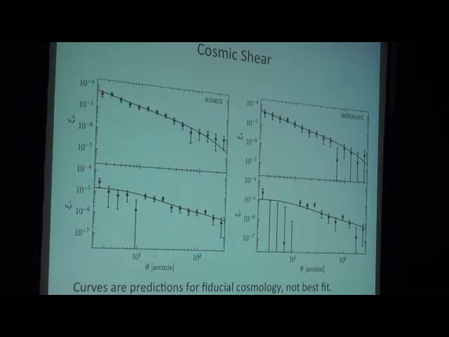The shear is still less than 1%, so the square is less than 10 to the minus 4. On the larger scales, it goes down to 10 to the minus 6. This is about 10 megaparsecs. The right half of this plot is the linear regime. The left half is the quasi-linear regime. Okay? So this is something you can compare to a direct prediction of a mass power spectrum, and you can compare to different cosmological models and learn about dark energy and so on.